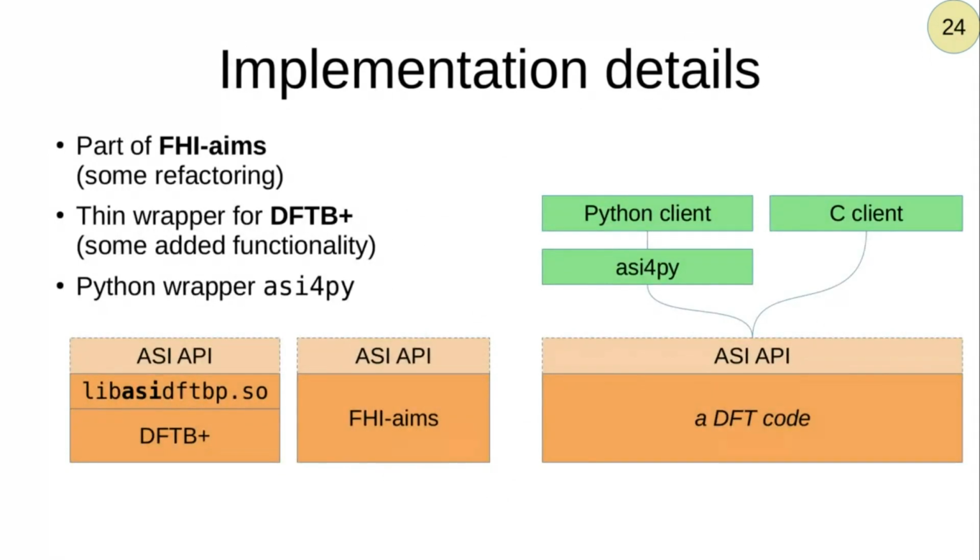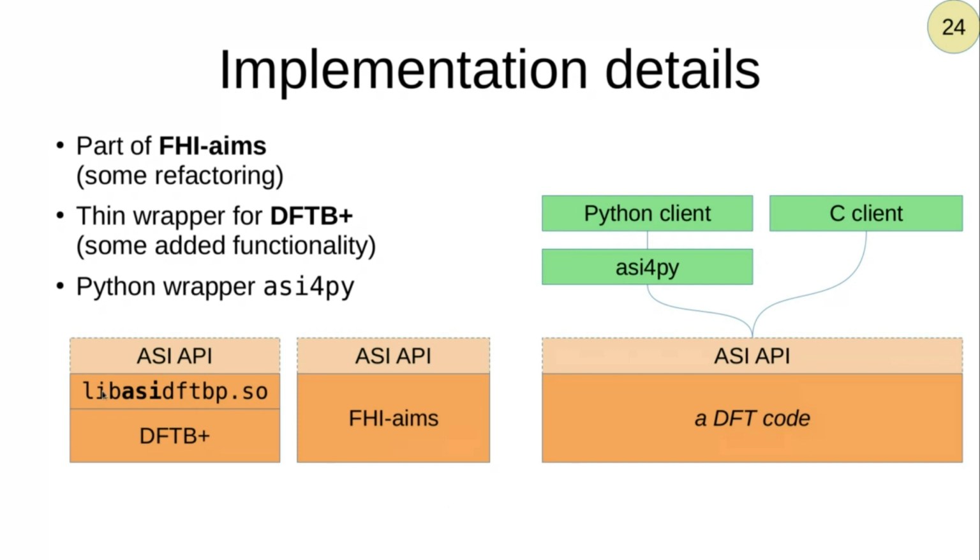So a few words about details of the implementation. Currently, we implemented the ASI API for two codes. Those are FHI AIMS and DFTB+. For FHI AIMS, we implemented ASI API natively, essentially introducing these functions in the FHI AIMS code base.